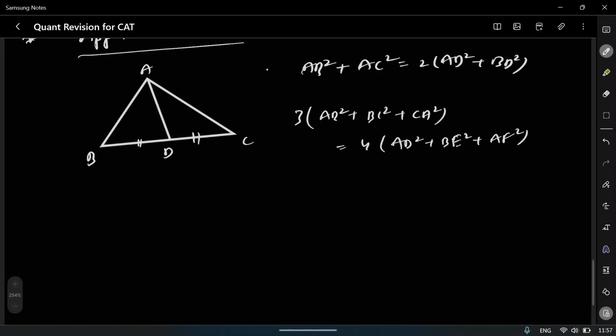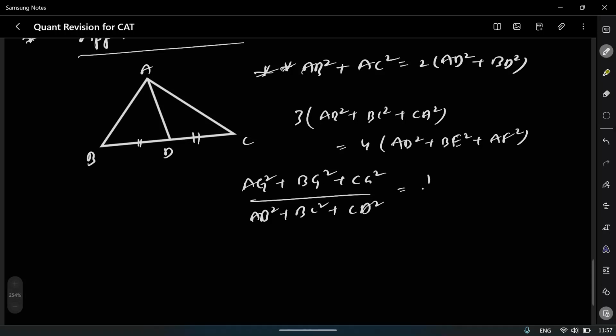This is the most important thing you have to remember regarding Apollonius theorem. And there is one more thing: (AG square plus BG square plus CG square) by (AB square plus BC square plus CA square) equals 1 by 3.